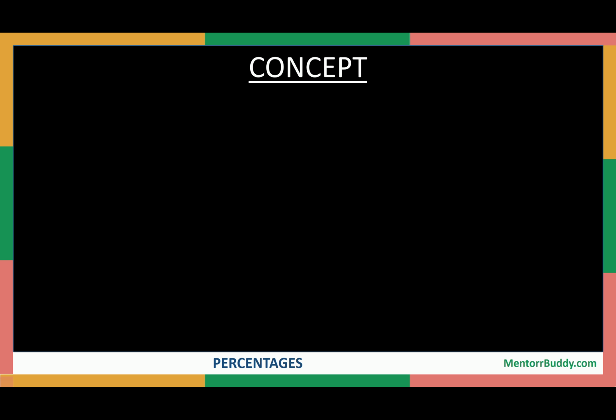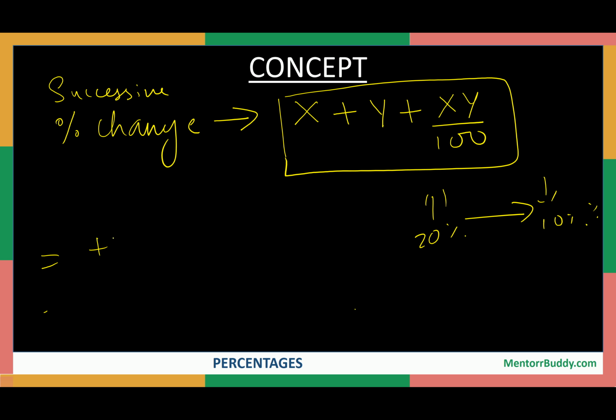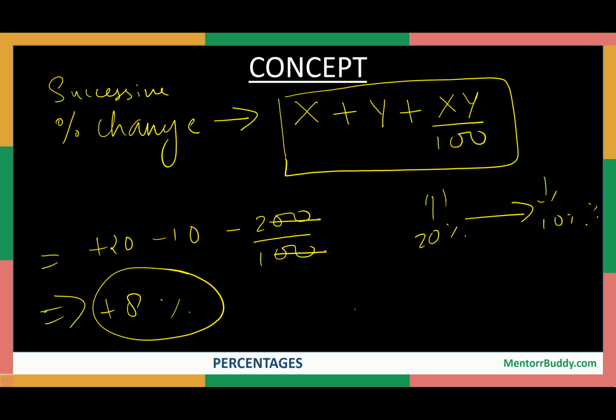Then what will happen? The value of x is plus 20, the value of y is minus 10, plus 20 multiplied by minus 10 will become minus 200 upon 100. So this will become plus 20 minus 10 is plus 10, plus 10 minus 2 is plus 8. It means finally there is an 8% increase.